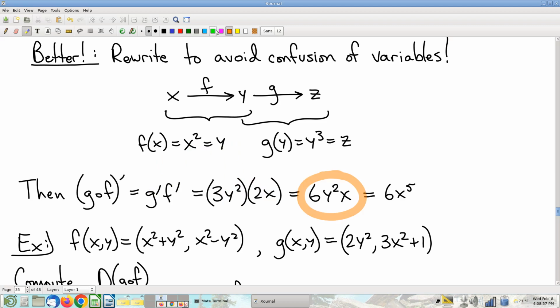Oh, wait a second. The composition is a function of x. I need my answer to be a function of x. I need, therefore, to figure out how to rewrite y in terms of x. And y is just the output value for f. It's x squared.